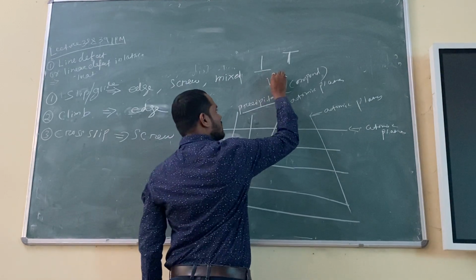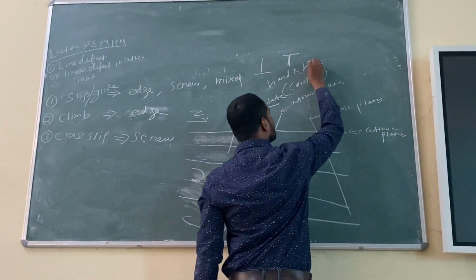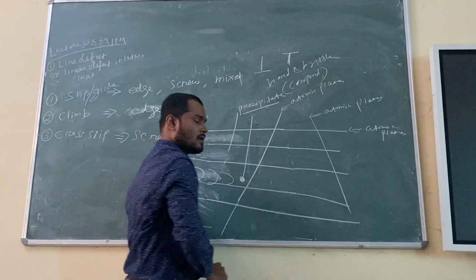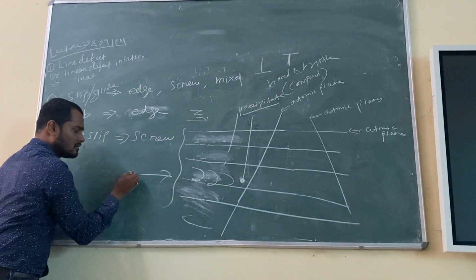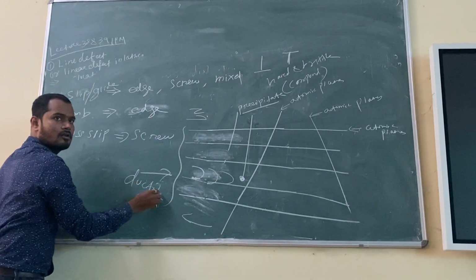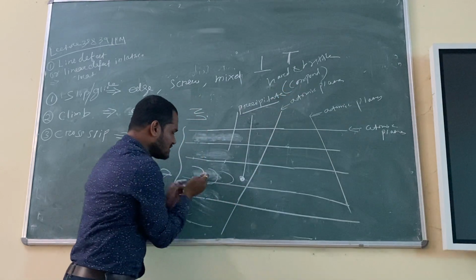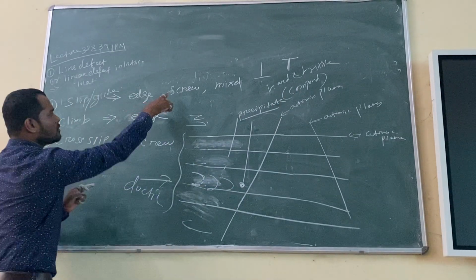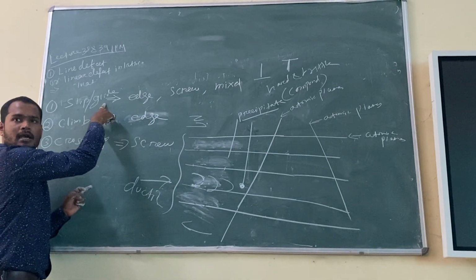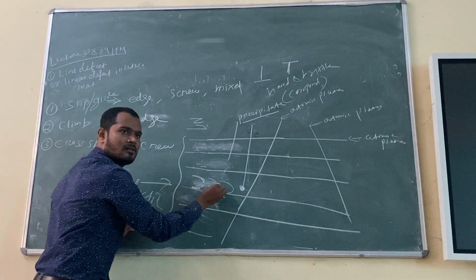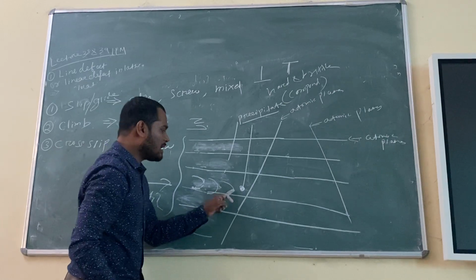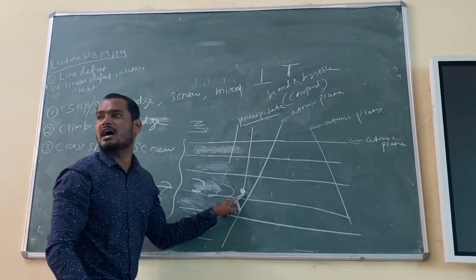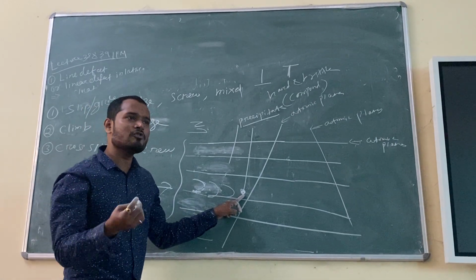These compounds are basically hard and brittle, and the entire material is ductile. The precipitate is hard and brittle. So this screw dislocation is moving, right? No problem. As I told, screw dislocation can also glide, right? So the screw dislocation is gliding, but if the time comes when it meets a precipitate which is hard and strong, what will happen? It cannot move.